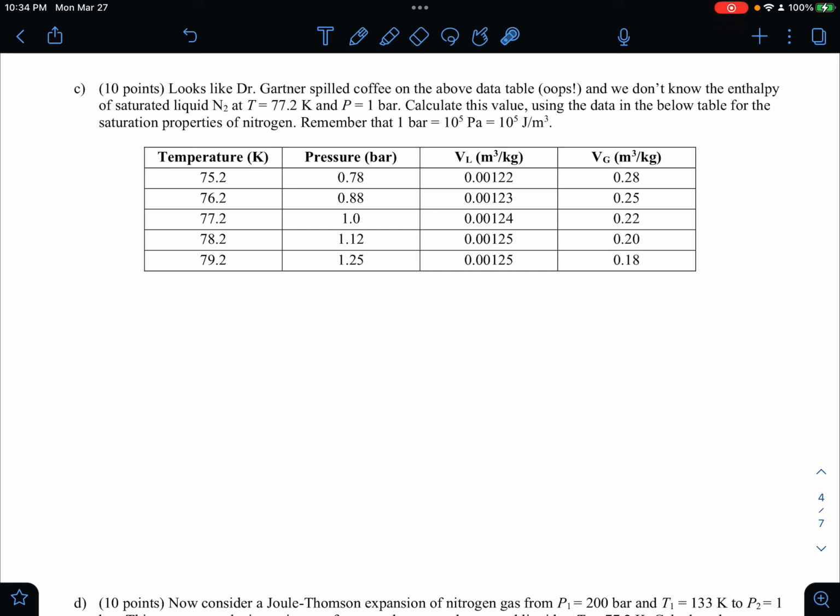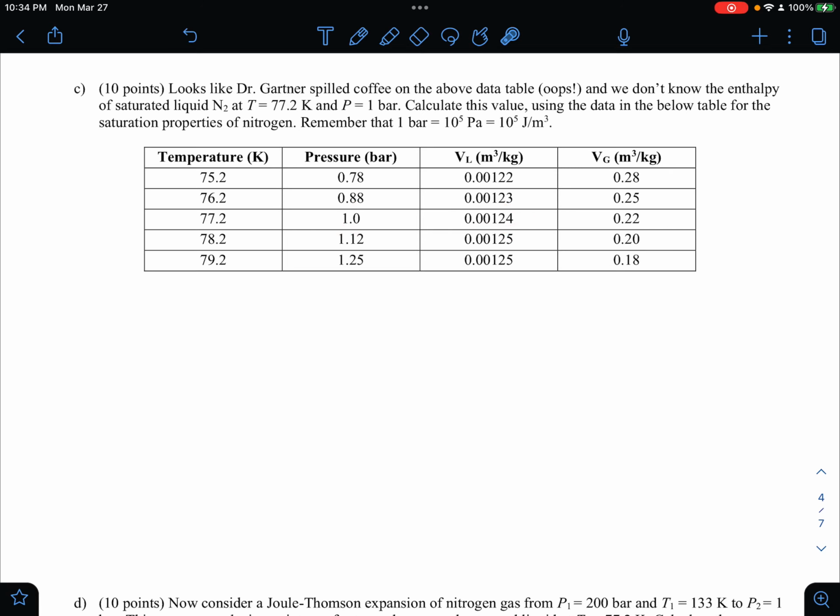And using the data below, and the properties of nitrogen. Remember these unit conversions. Okay, so what we've got here is a series of temperatures, and they surround the temperature of interest, 77.2. And we have the saturation pressure, the volume of the liquid, and the volume of the gas.